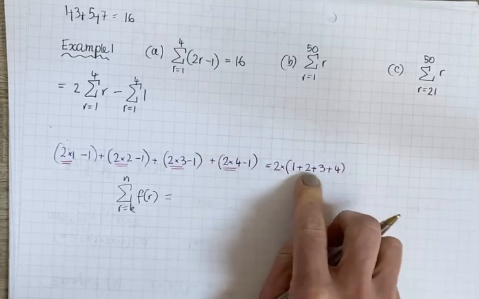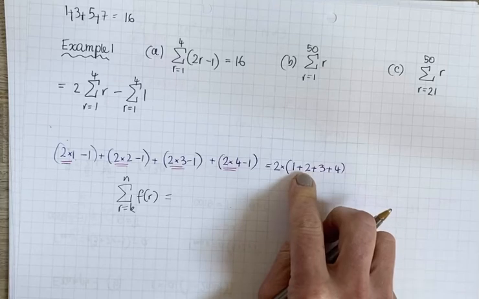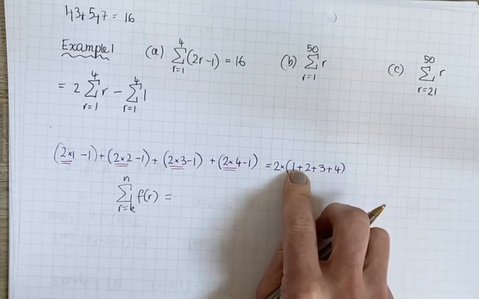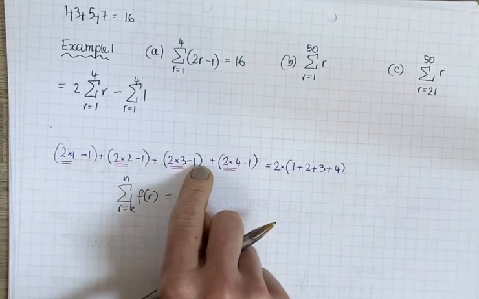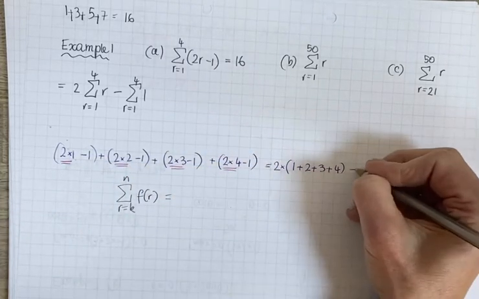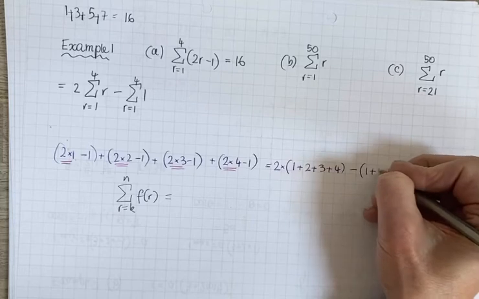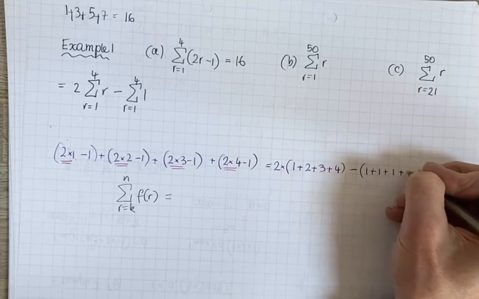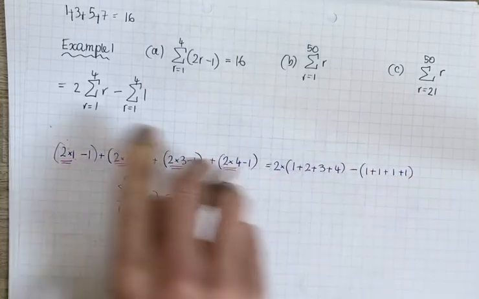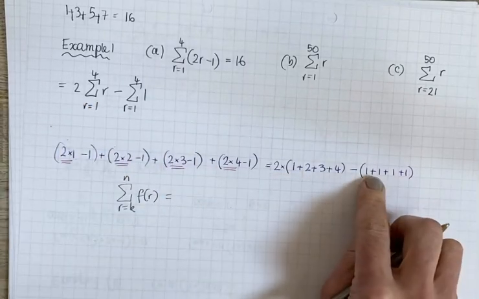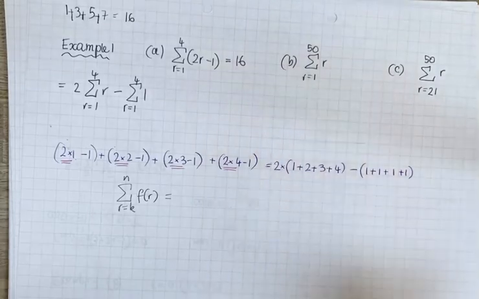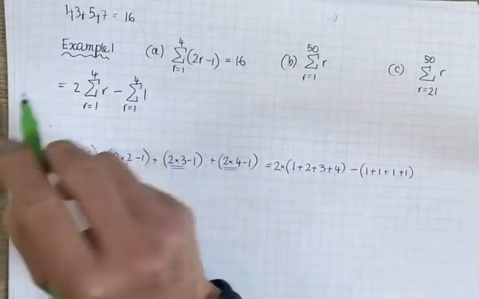So 2 lots of the sum of r from the first to the fourth. And then you've got minus 1, minus 1, minus 1, minus 1. So you've got minus 1 plus 1 plus 1 plus 1. So here is the proof that you've got 2 lots of the sum of r and minus this sum of 4 lots of 1s.